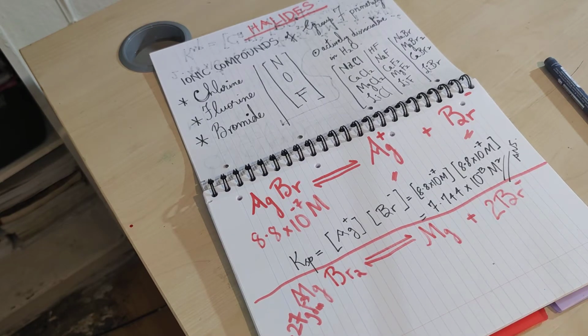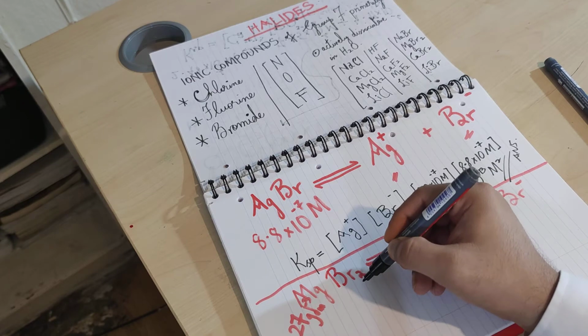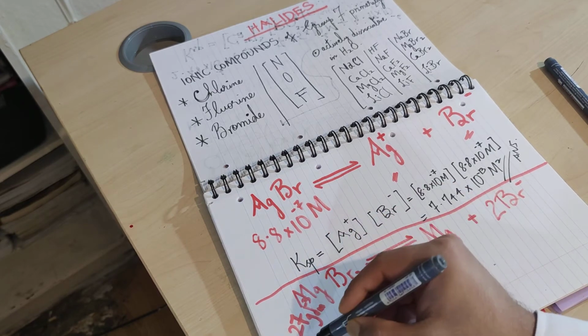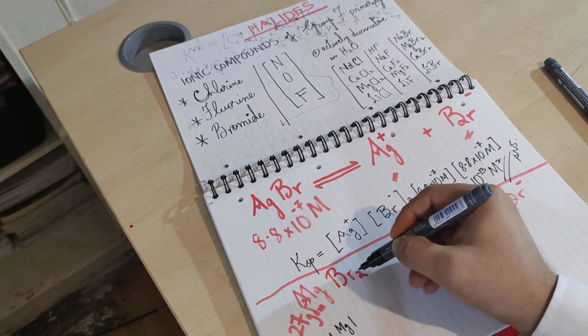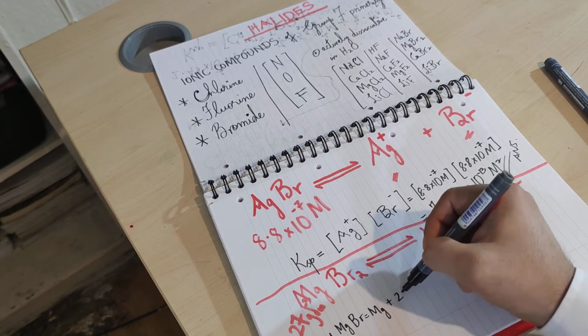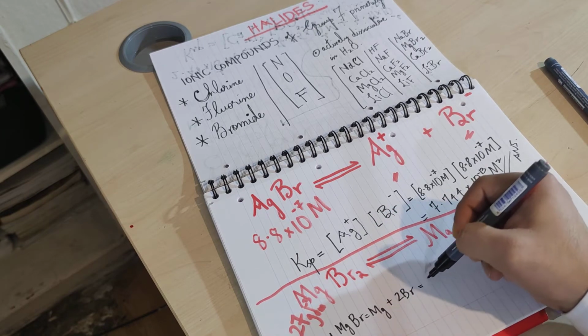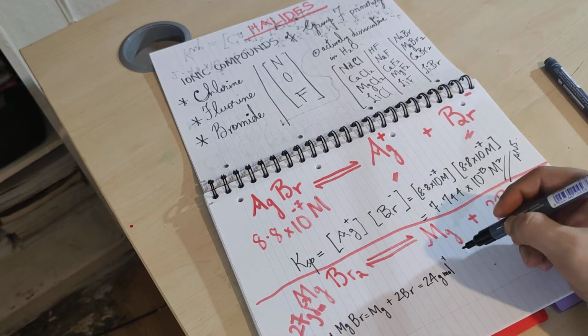You'll have to find out by what we did in the previous question, the one before halides, is that you have to find out the molecular mass of magnesium bromide, which would be Mg plus 2 Br equals 24 grams per mole. You have to write grams per mole every time.